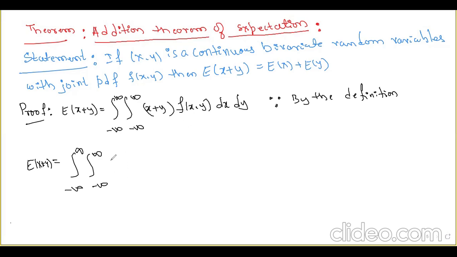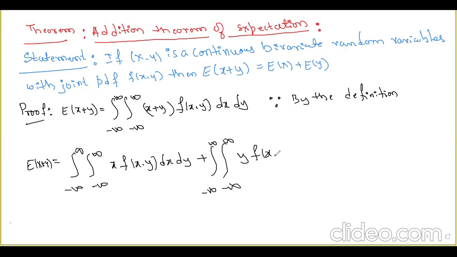It means x f of xy dx dy plus the double integration minus infinity to infinity of y f of xy dx dy. We break x plus y like this.